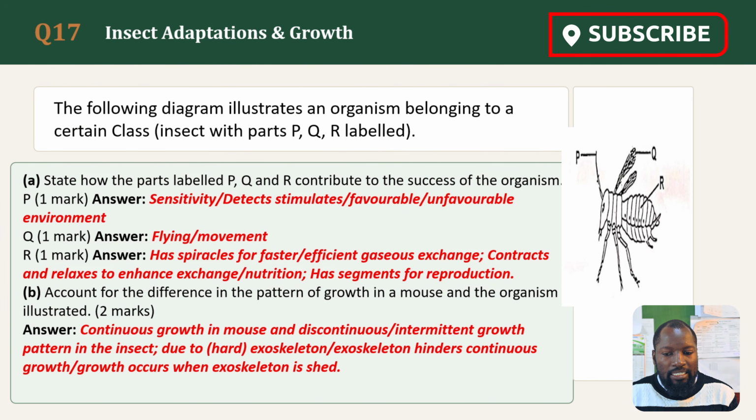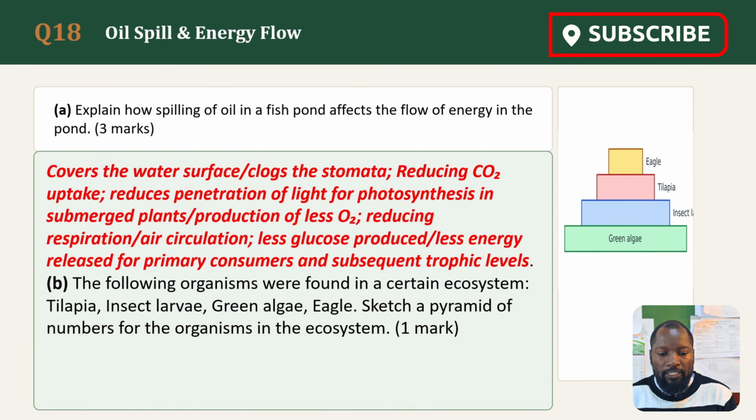Question number 18A. Explain how spilling of oil in a fish pond affects the flow of energy in the pond. Oil covers the water surface, and when it covers the water surface, it prevents entry of oxygen.